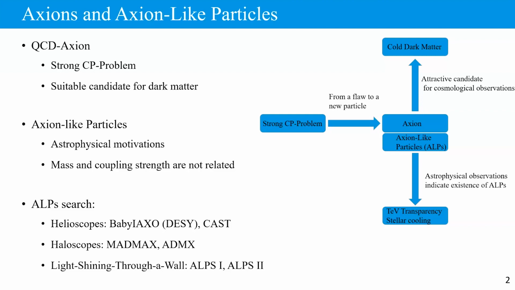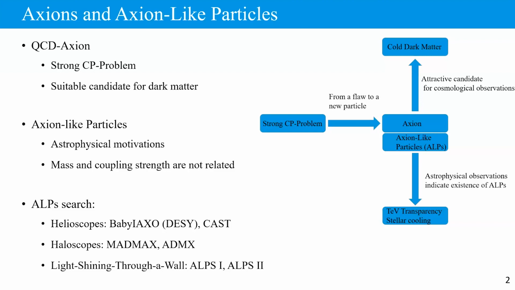Although they have a very weak interaction with ordinary matter, there are experiments which can in principle be categorized into three types that aim to probe the existence of those particles. The first two categories are the so-called helioscopes, like BabyIAXO and CAST, and the haloscopes, like MADMAX and ADMX.